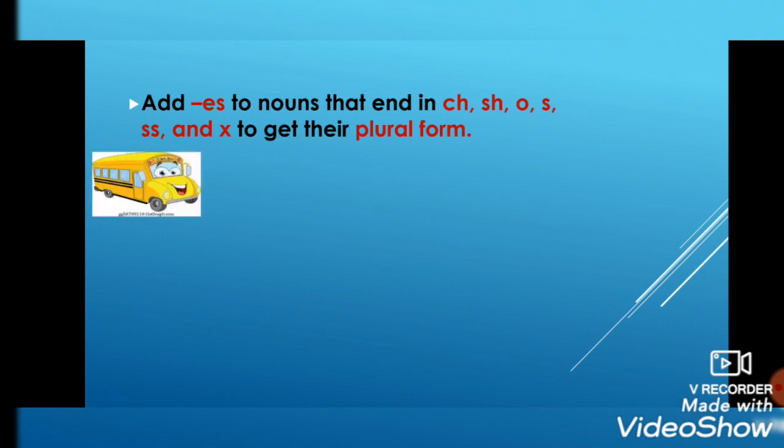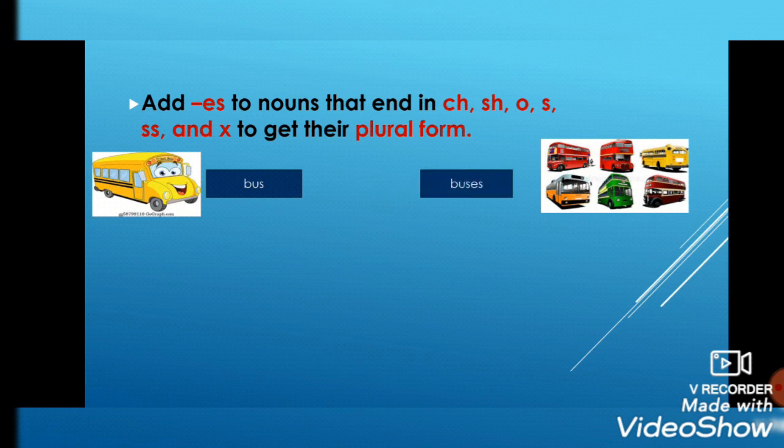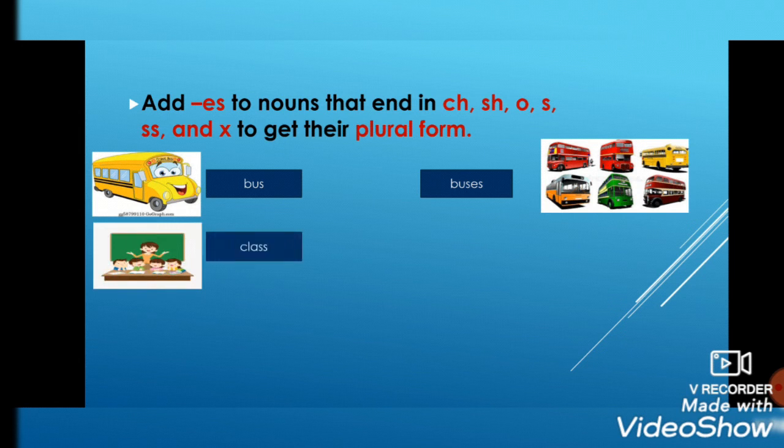Let's do some example. Here we can see a bus. So bus ends with s. To change it into plural, we add es. So bus, buses. The second picture, this is a class. So the noun ends with ss.